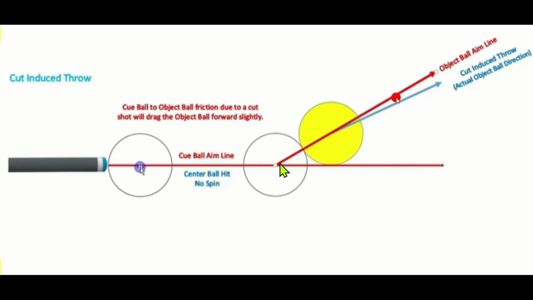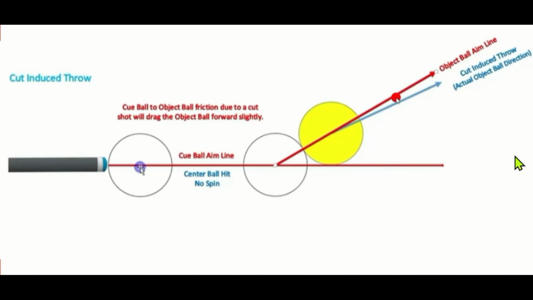So rather than the object ball going in the line of centers, which you think it mathematically would, it is actually thrown off course by the friction that's here. So this is called cut induced throw.